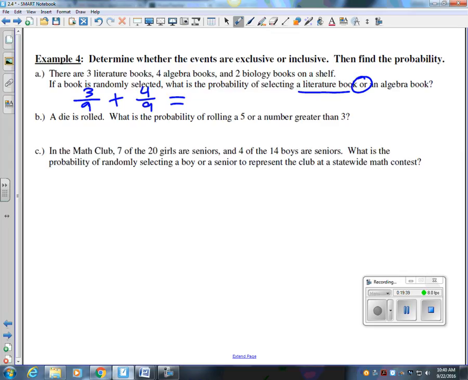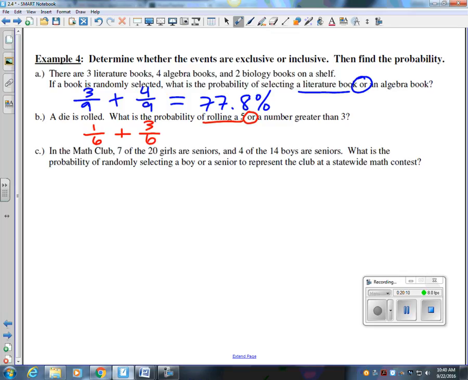All right, Cole, read the next one for us. Good. Tanner, what's the probability of rolling a 5? Good. Or means to add. Jacob, what's the probability of getting a number greater than 3 when you roll a dice? Out of? Good. So you could get a 4, a 5, or a 6.